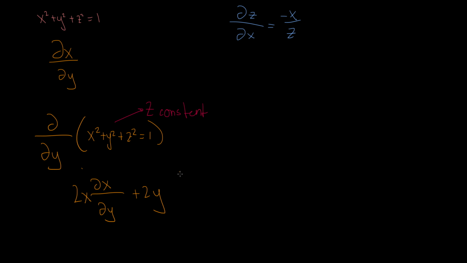The derivative of z with respect to y, in this scenario we're keeping z constant, so that'll be 0, and then another constant, 0. So then if you solve out that algebra, partial x, partial y will give you negative 2y over 2x, which gives you negative y over x. And so that's pretty cool to know.